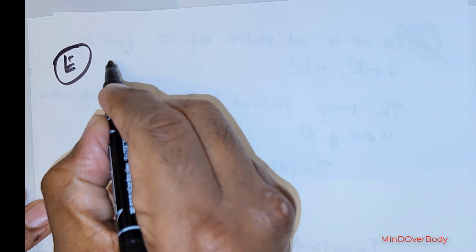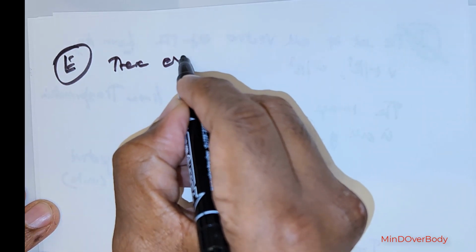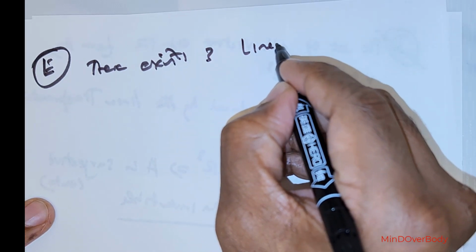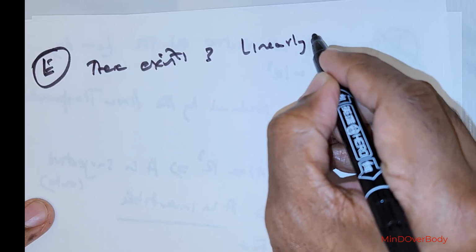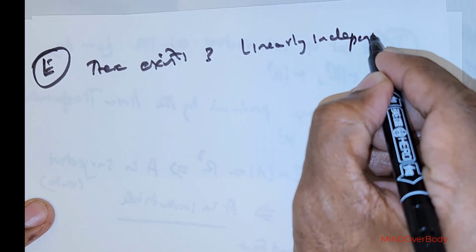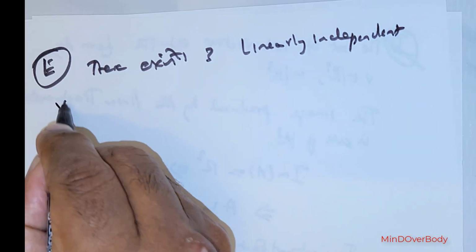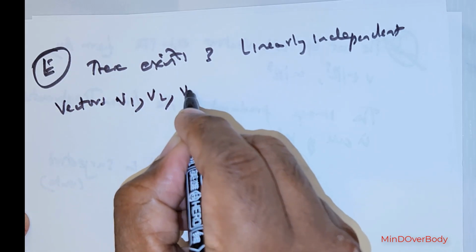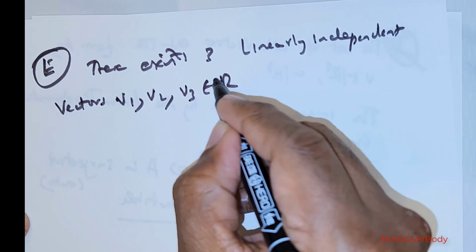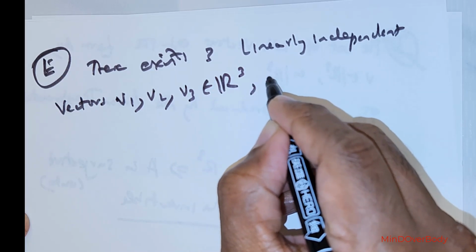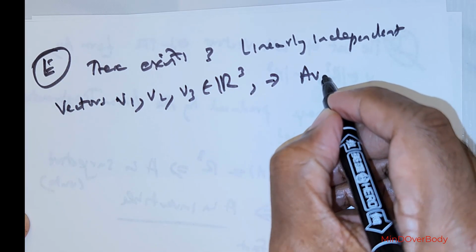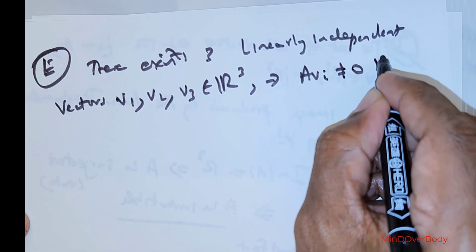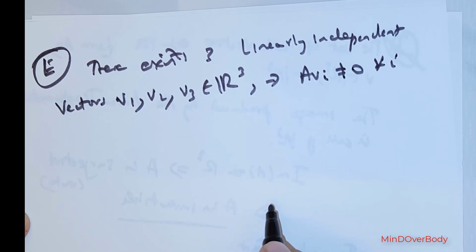What they are saying here is there exist 3 linearly independent vectors v1, v2, v3 elements of R3 such that Av_i is not equal to 0 for every i.